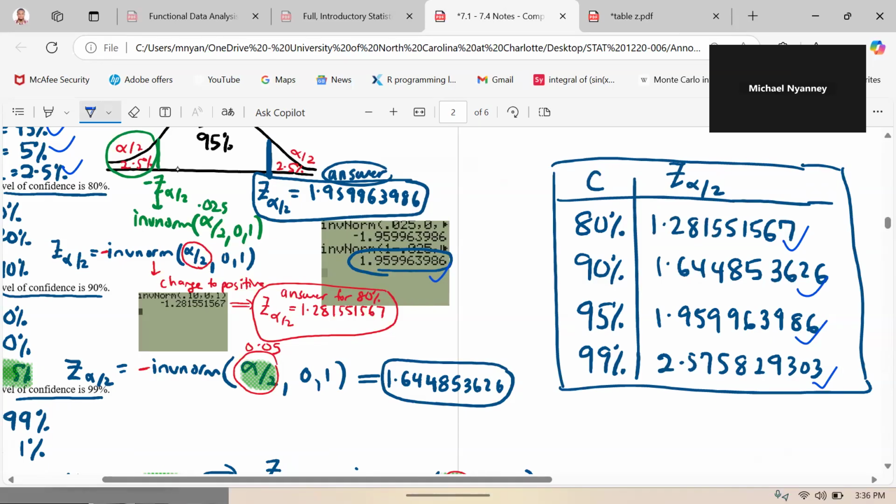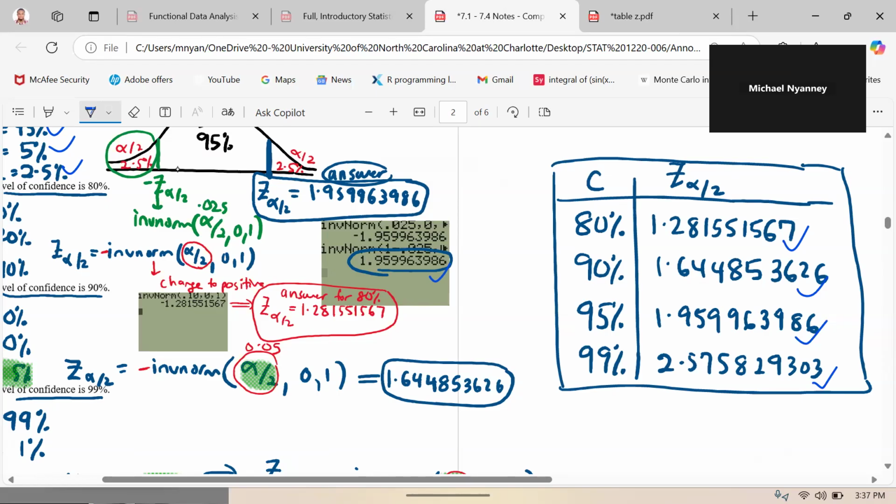So if you have these values in mind, then you don't need to calculate the z alpha. You just punch in the answers. But if you don't have them in mind, then you can actually use your calculator or the table to get it. So this is how we calculate z alpha over 2. And what you notice is that as our c increases, the z alpha also increases.